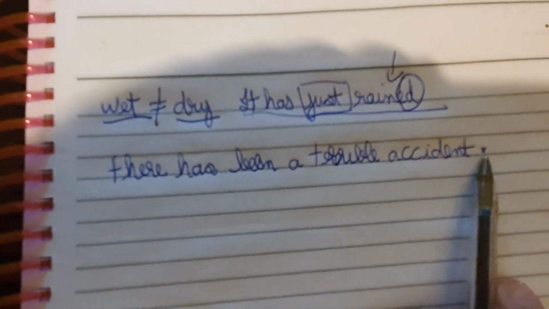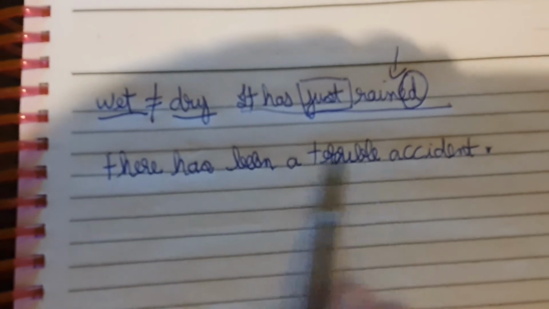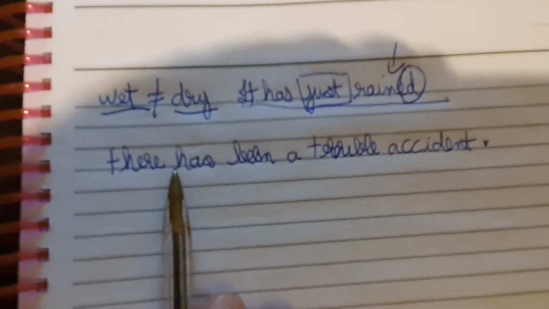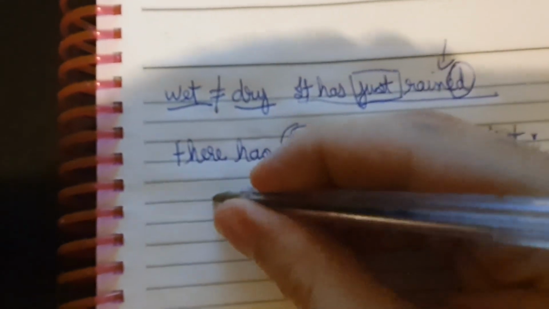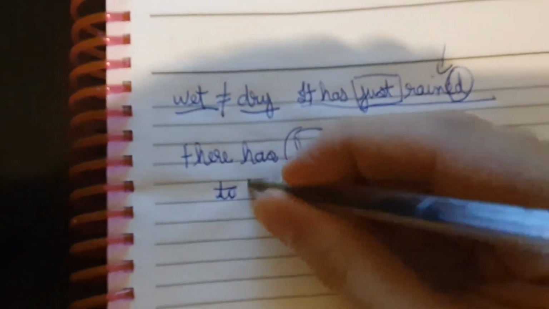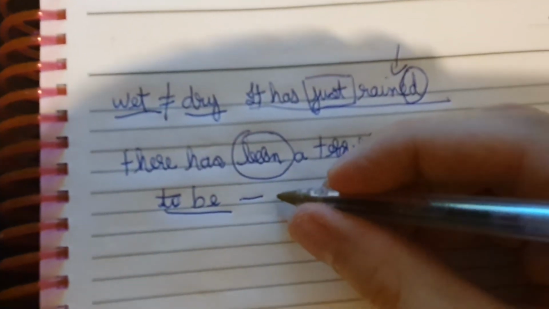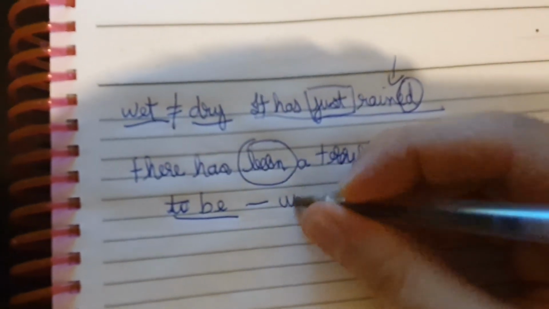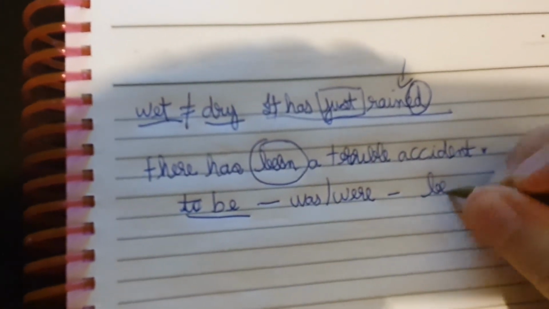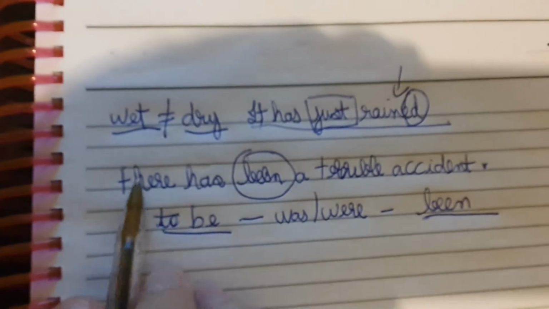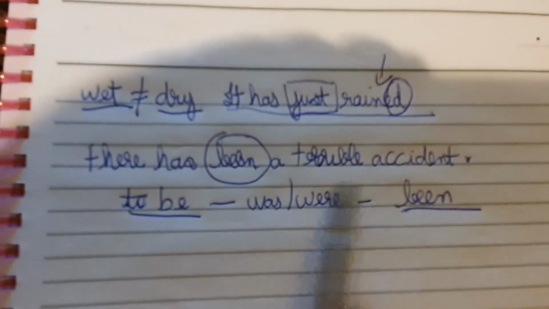It's new information, right? It's something that you have just realized that has happened. There has been. Been is the verb to be, right? The simple past of the verb to be, we have already studied, it was or were. And the past participle is been, okay? There has been a terrible accident. It's new information.